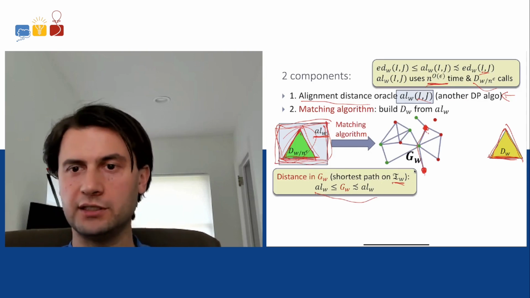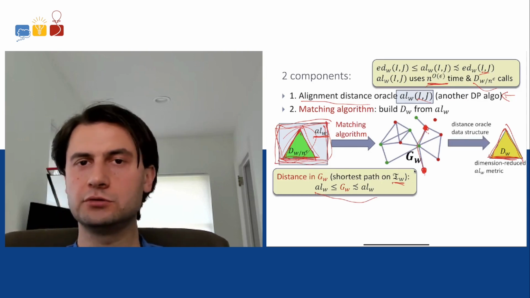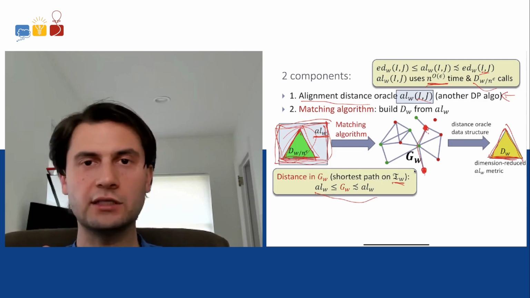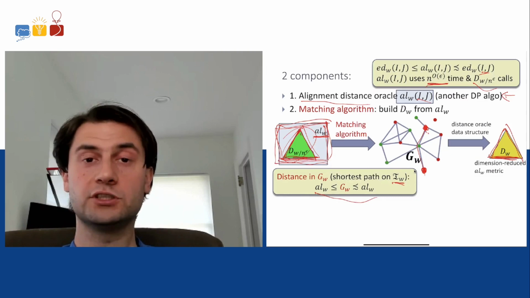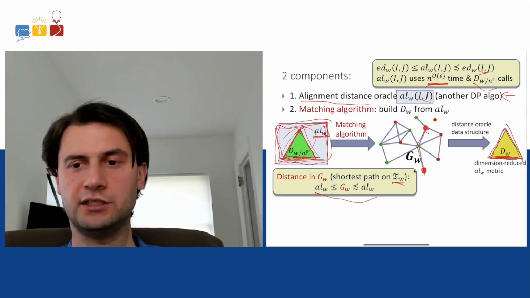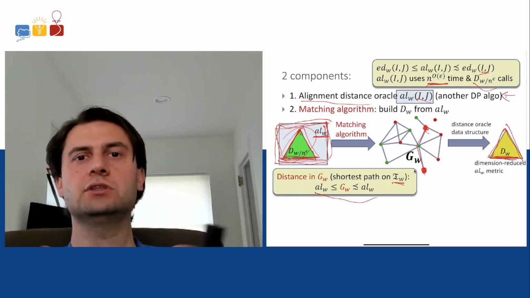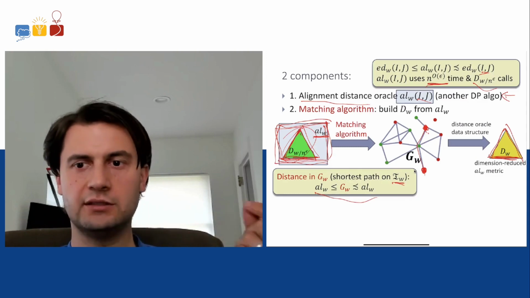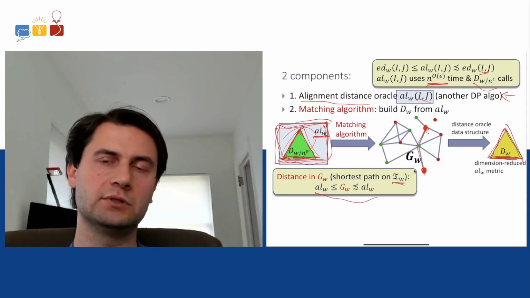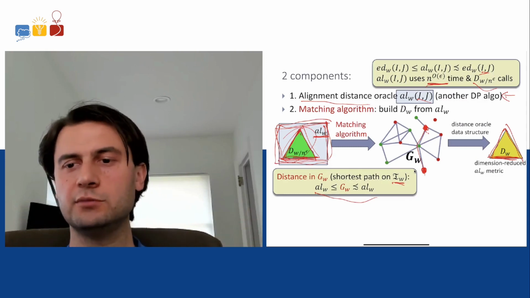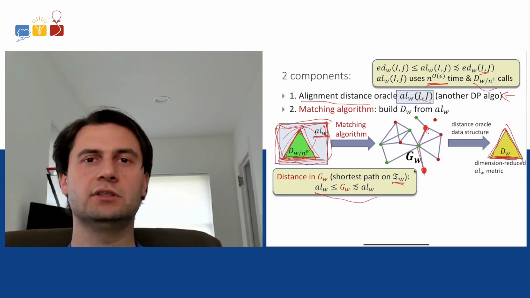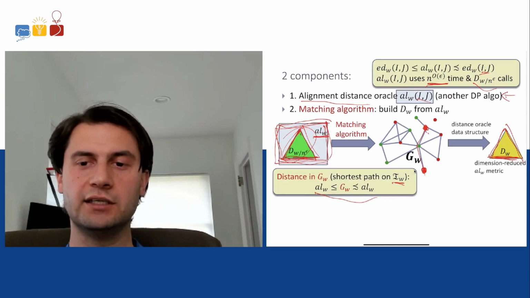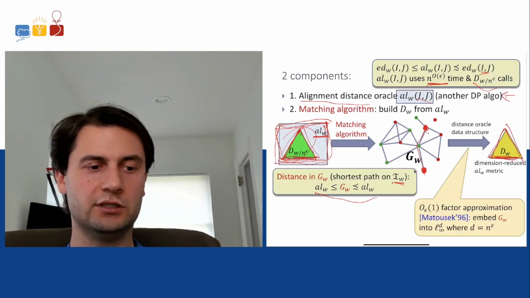So then you build a graph, and out of the graph, you use slightly more standard techniques to transform the shortest path on the sparse graph into a data structure which, for given i and j, quickly tells us the distance. You should think about this as a dimension-reduced metric. This is again the part which uses a little more geometry.